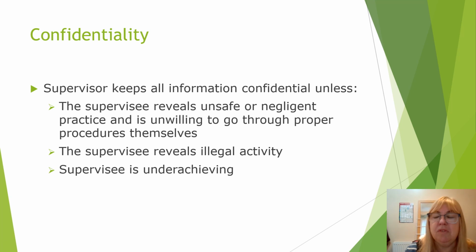But if they're not improving, then the supervisor will need to go to a senior, because there may be some formal human resources processes that will have to be put into place, like verbal warnings, written warnings, those sorts of things. So they would need to go out of the one-to-one structure and go elsewhere.